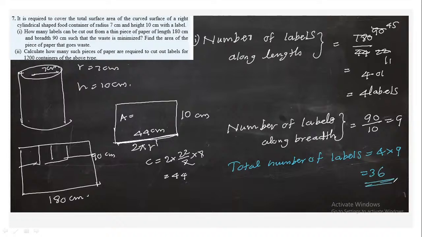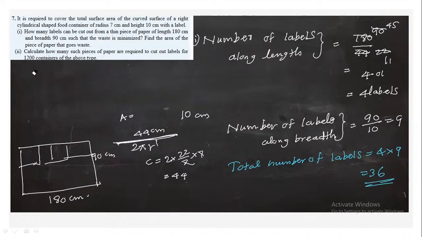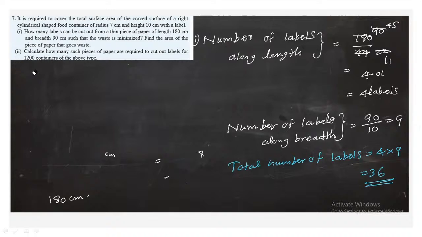Then next question. We can cut 36 labels. Calculate how many such pieces of paper are required to cut the labels for 1200 containers. First, we have to find the waste, no?